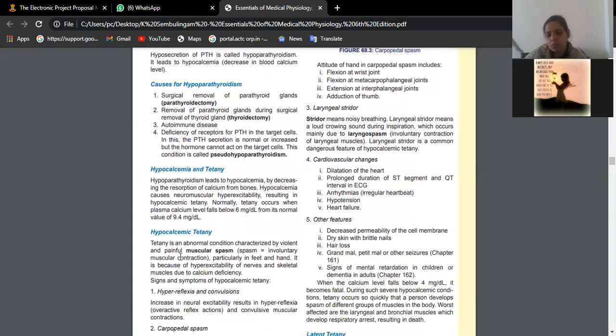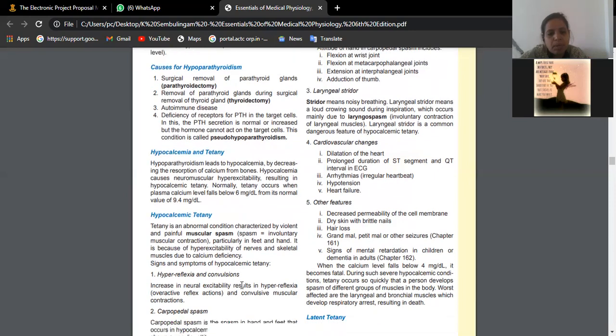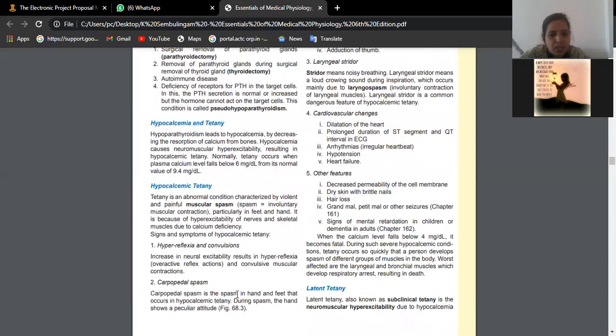Sometimes when we walk with high heels, we also experience some spasm in our foot, something like that. Particularly in feet and hand, we will see hyperexcitability of nerves, and skeletal muscle is unable to contract because of calcium deficiency. This condition is actually excessive neural excitability. It may also lead to fits, convulsions, carpopedal spasm.